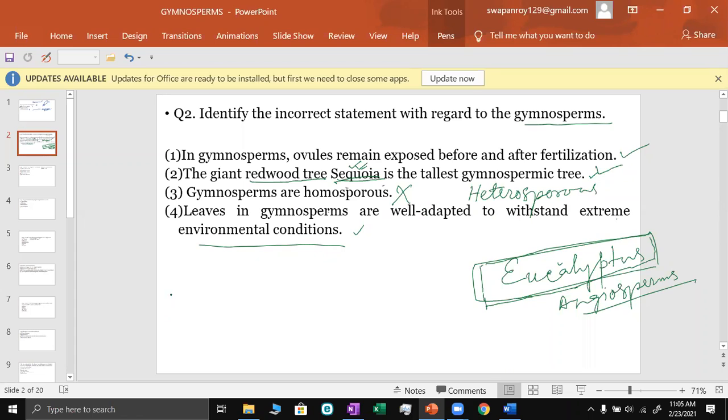Gymnosperms and angiosperms, these two are totally heterosporous.